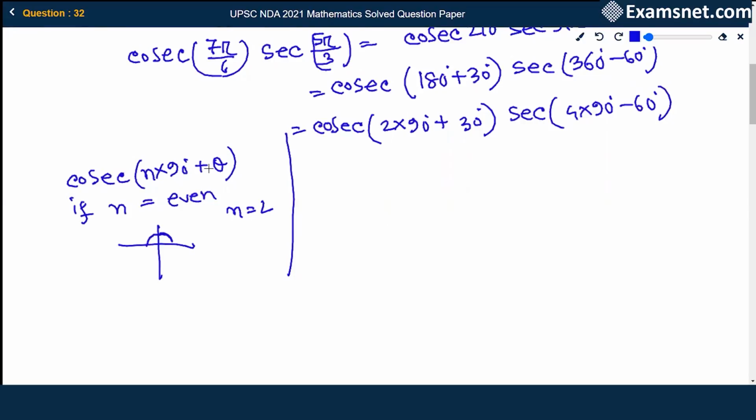Since it is plus theta, we need to cross the second quadrant also. So cosec is now in the third quadrant, where the value for cosec is negative. But since n is even, we will write cosec here.